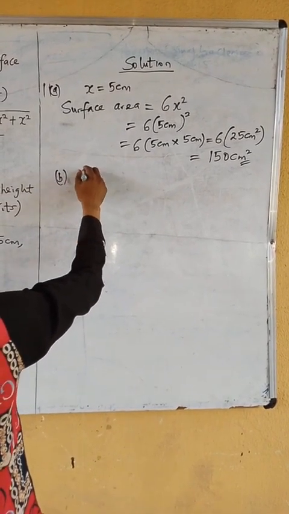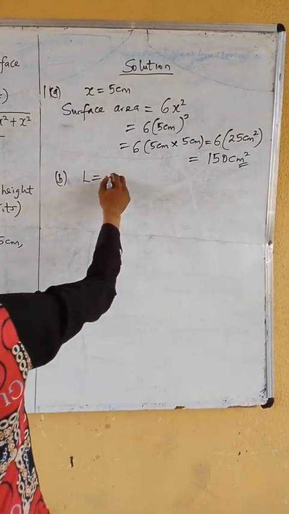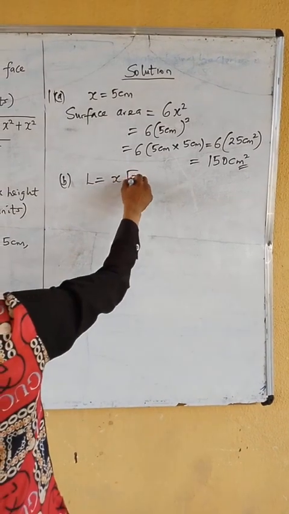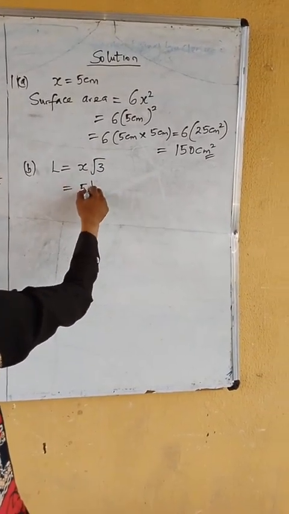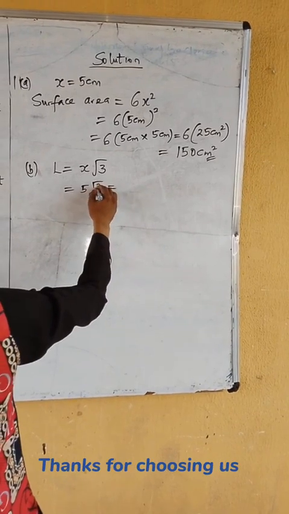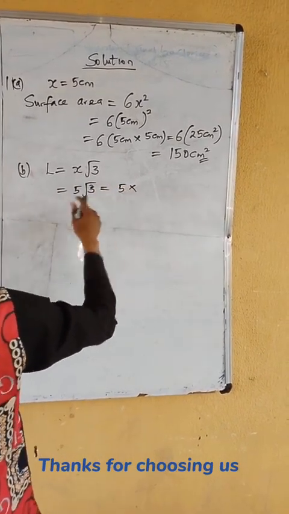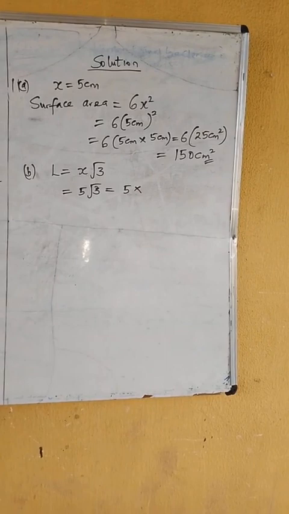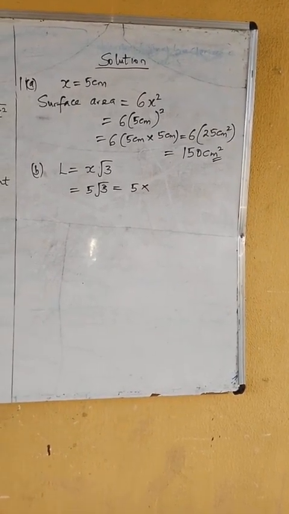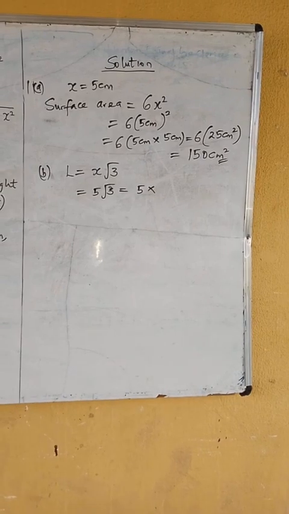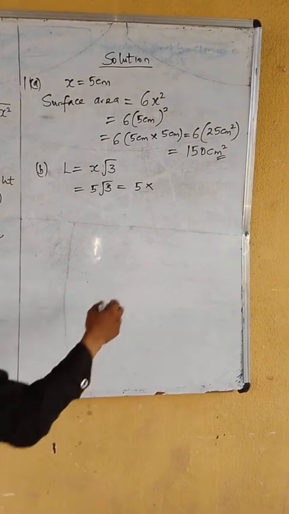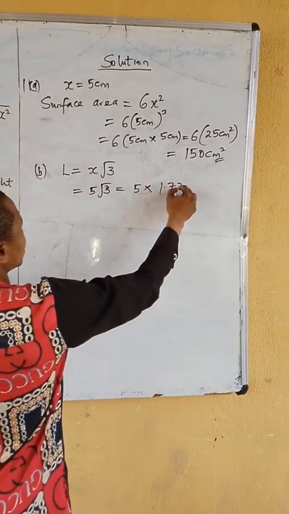Then let's solve the B part. The length of the diagonal is equal to s root 3. And don't forget that our s here is equal to 5. So that means we are going to have 5 root 3, which will give us 5 times the square root of 3. By the time you find the value of the square root of 3 on your calculator, you are going to have 1.7321.